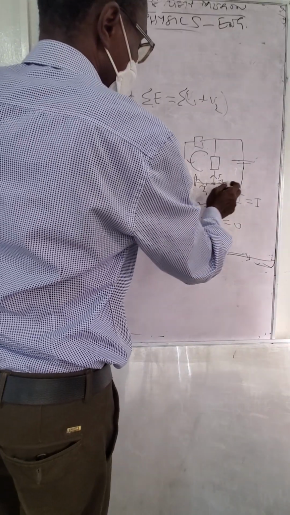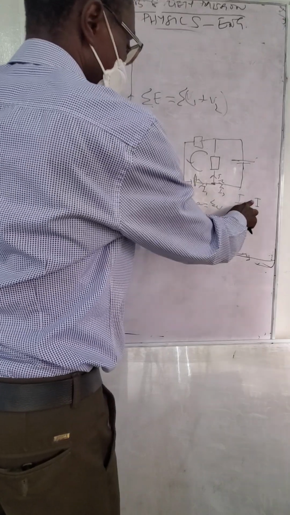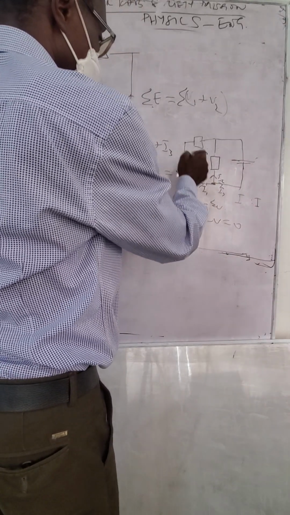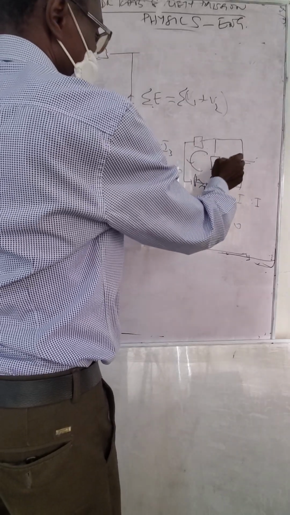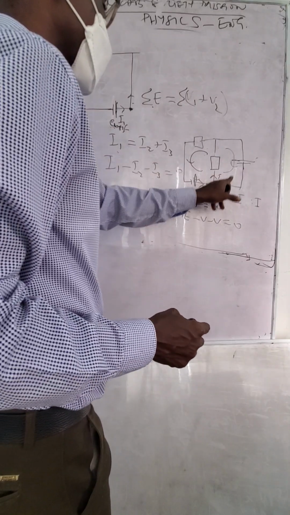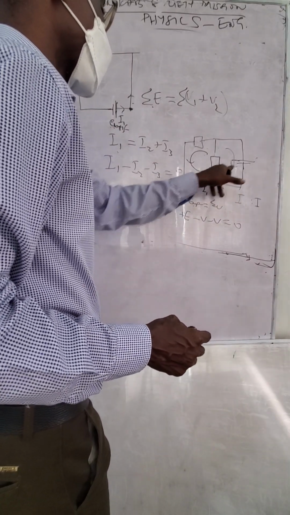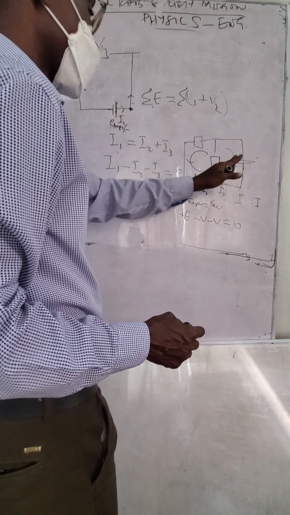At the junction, you have already said this is going down. So somebody can also choose; what I mean is, you choose a particular direction. You can choose any direction at all. But when you choose, maintain the direction. If the current is going against that direction, make the current negative. If it's going in that direction, make it positive.